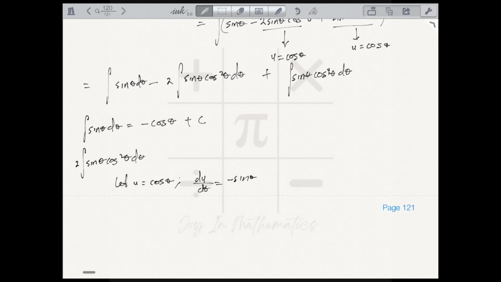Therefore, d theta is equal to du divided by minus sin theta. So with that done, we can change variables, and this will give us 2 integral of sin theta multiplied by u squared and du divided by minus sin theta.